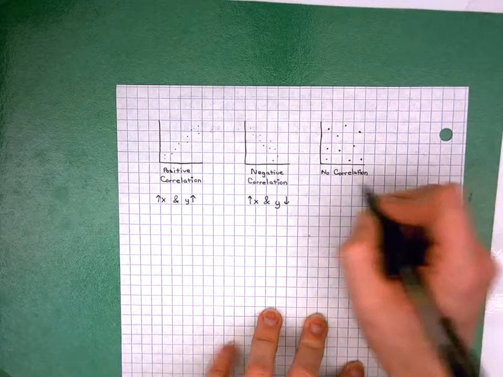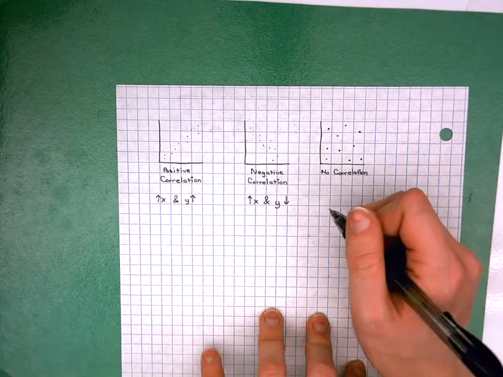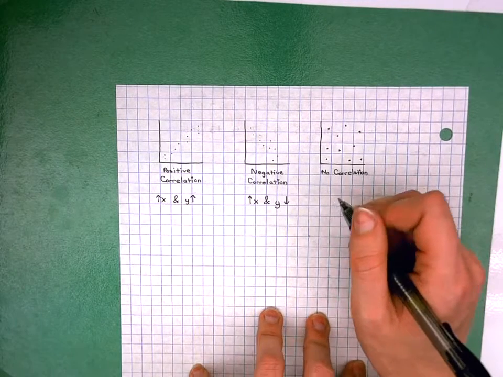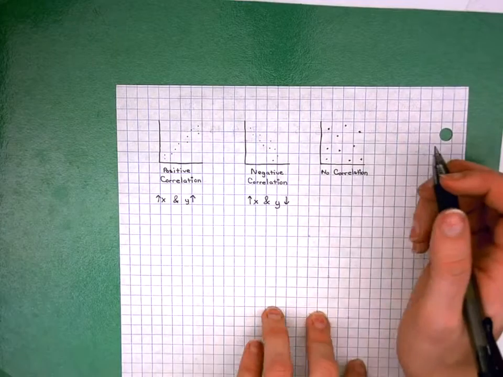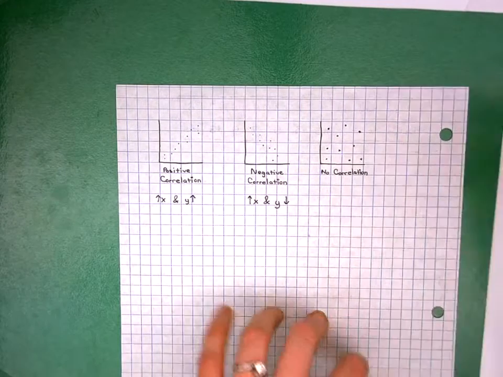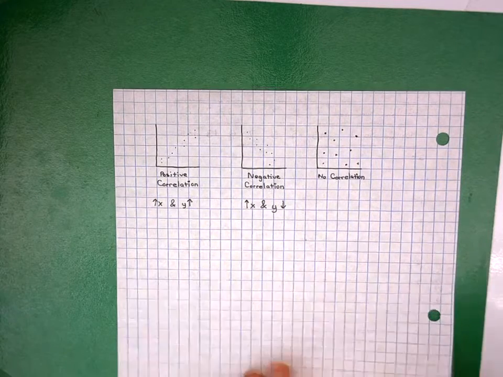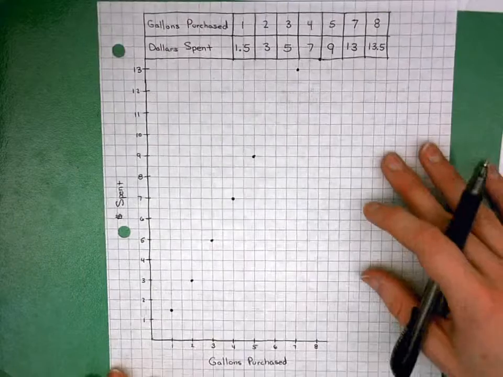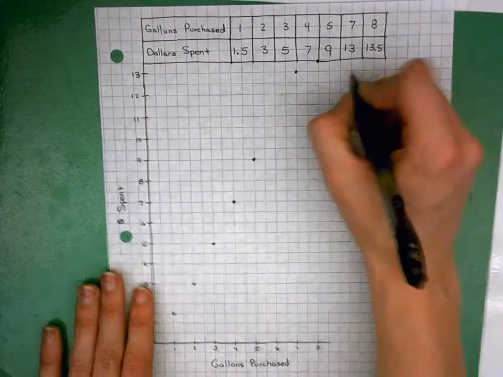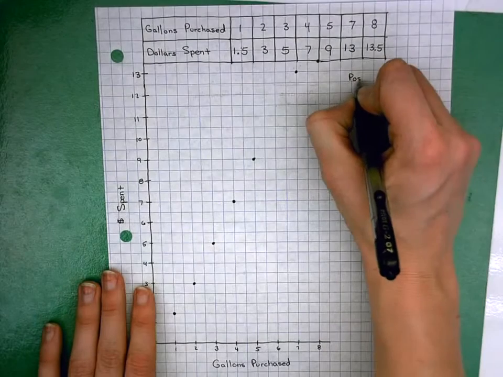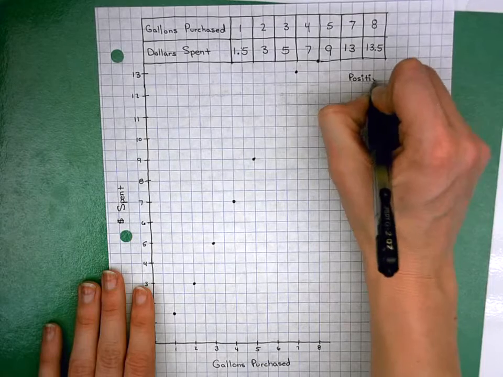For example, as the temperature outside goes up, the letter my name starts with, a D, right? Something like that, where there's no relationship. The number of letters in my name compared to my weight, for example, right? That doesn't have any effect. Okay? There's no relationship between the two of them. So when I'm looking at this graph, I see that there's definitely a positive correlation, because it's ascending.